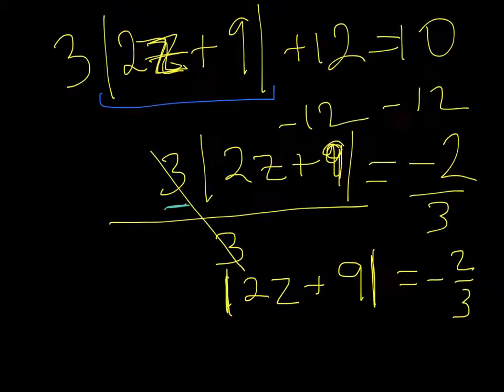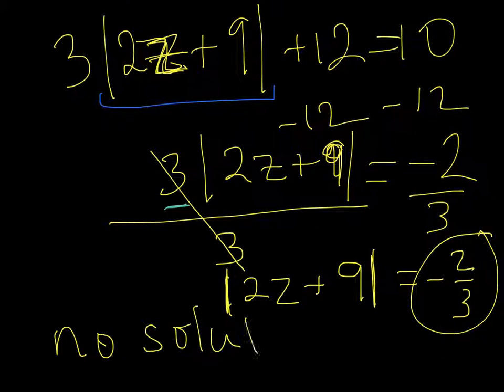And this is different, okay? Don't just keep going like we usually do. Absolute value is never negative. So since this answer here is negative, the answer is no solutions. No solution. Okay? So anytime you get to this point and you have the absolute value set equal to a negative number, you know your answer is no solution.